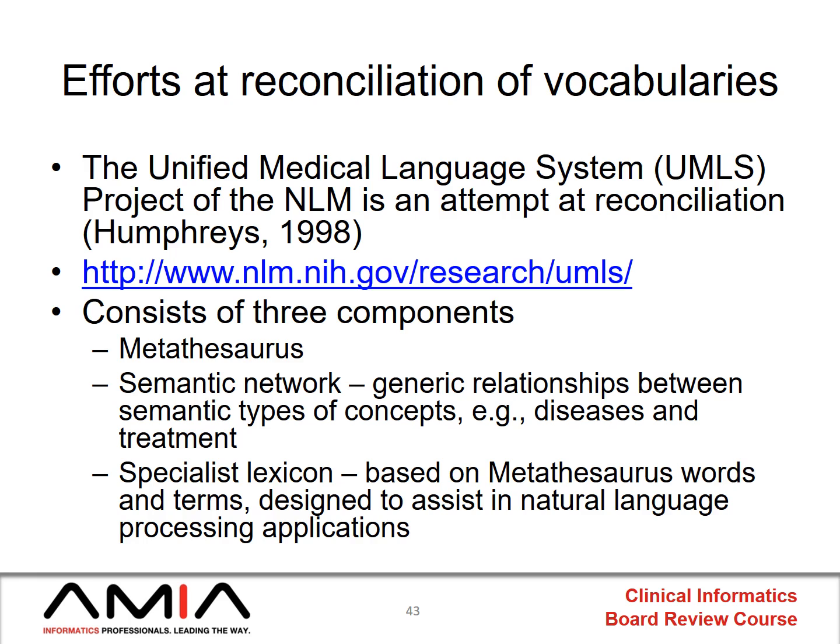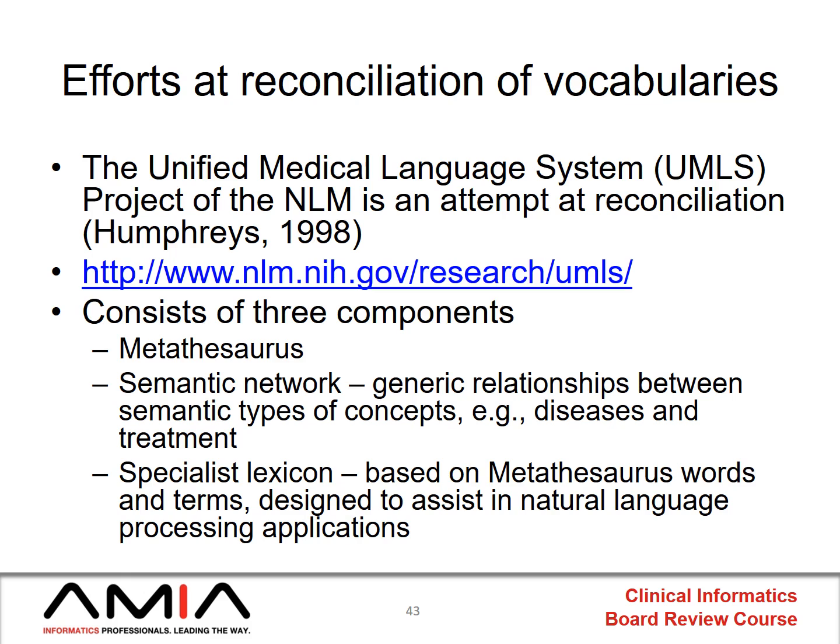In the 1980s, the National Library of Medicine recognized that we needed to reconcile these different vocabulary systems, and they launched the Unified Medical Language System, or UMLS project. There are three components of the UMLS project: the Metathesaurus, which we'll describe in the following slides.